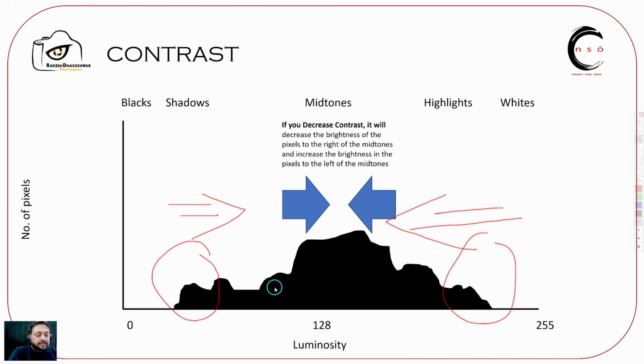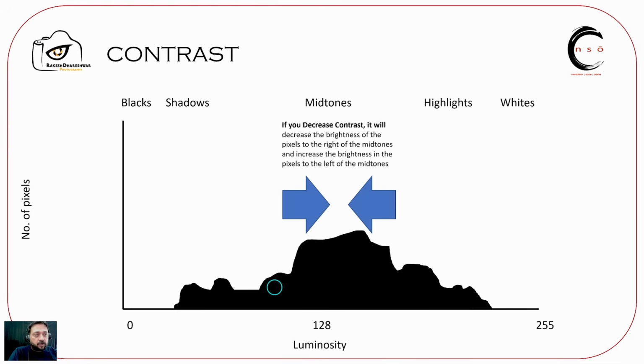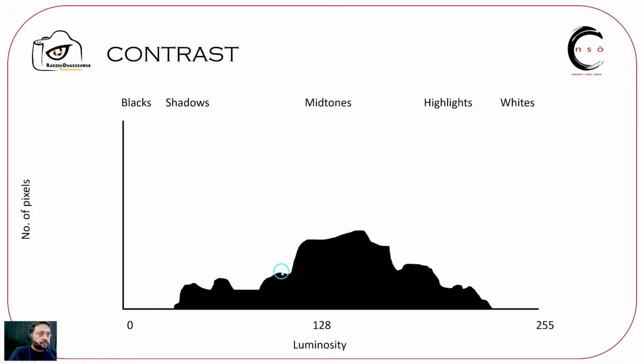So what that does is almost everything comes into the midtone, and we see something which does not have a lot of contrast. But then why is it there? Why do we decrease contrast? There are some images which we take which are extremely contrasty, and we would like to reduce the contrast in the image, and that is where we decrease the contrast.